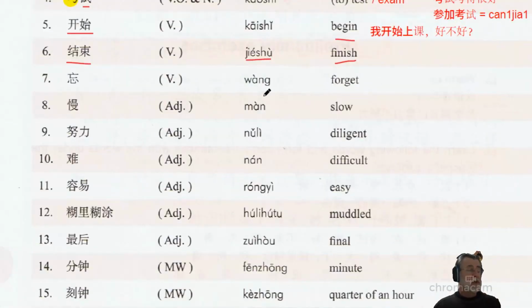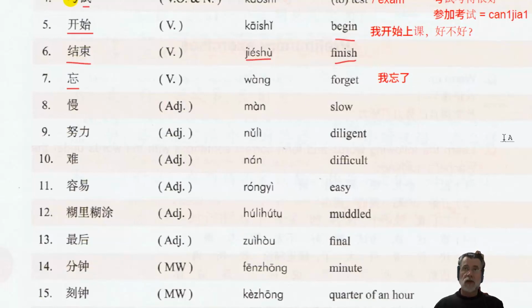Okay, moving along. We now have to forget, which is something that I do more and more often these days. 忘. So if we want to say, I've forgotten something, Chinese native speakers will generally say 我忘了.